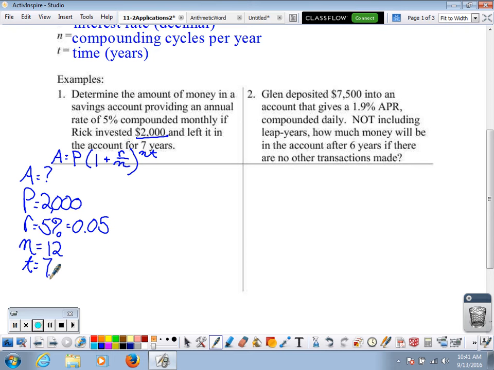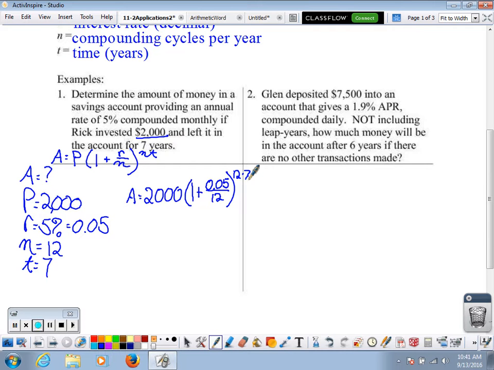So now we have all those pieces. Now we can sub them all in. So we'll have A equals 2,000 times 1 plus 0.05 over 12, raised to the 12 times 7. Now, my recommendation, just like yesterday, before we grab those calculators and start pushing buttons, the best thing that you can do is simplify anywhere that you can.